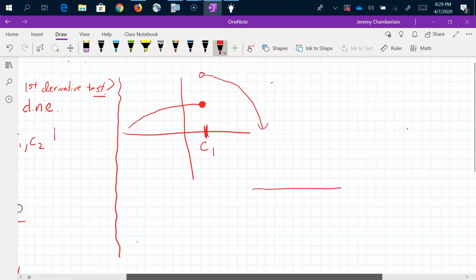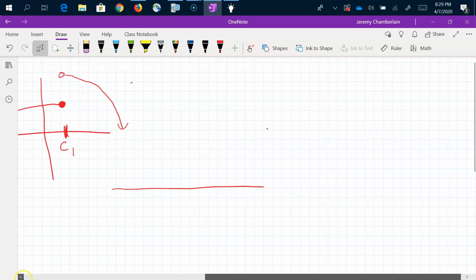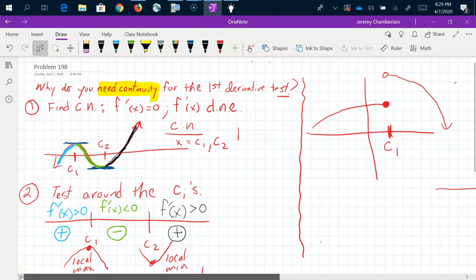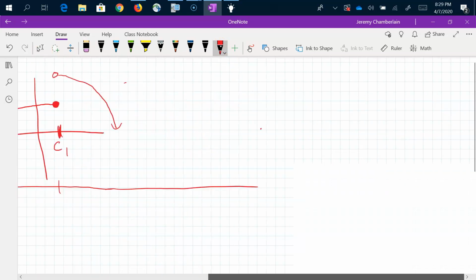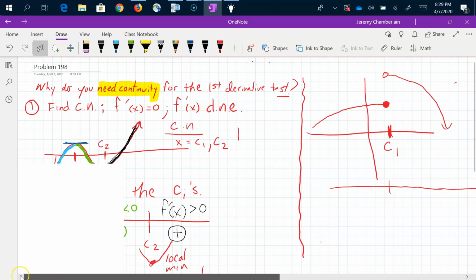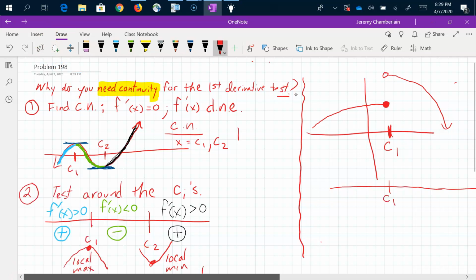So I'll try to make this stay put. Okay, get rid of that. Okay, so I'll make my number line here. Here's my c1.